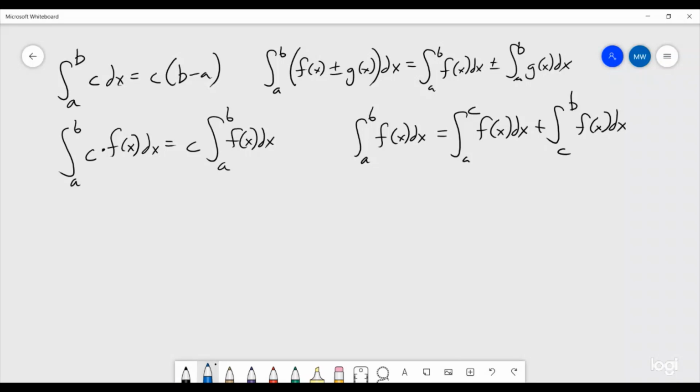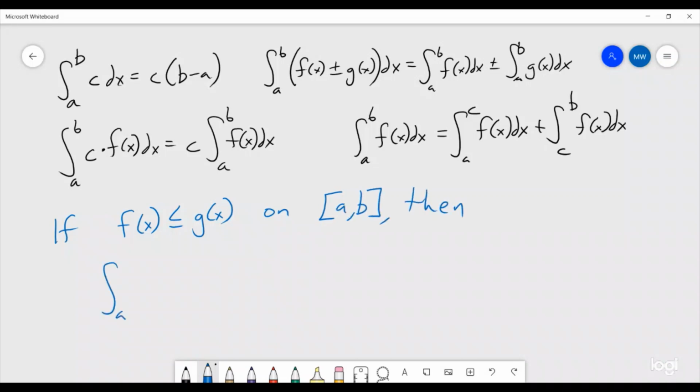And then our last one is if we have that f of x is always less than or equal to g of x on the interval from a to b, then the integral from a to b of f of x dx is less than or equal to the integral from a to b of g of x dx.